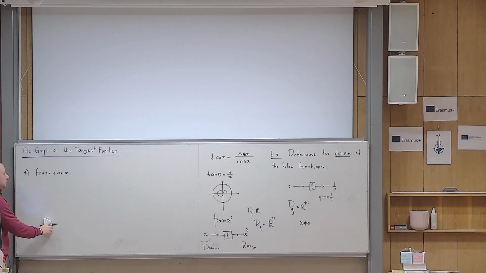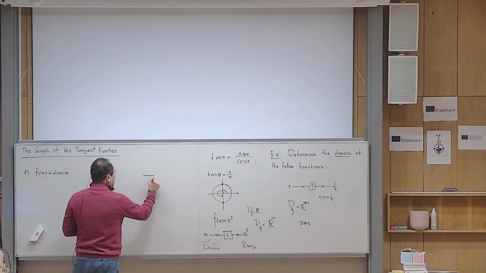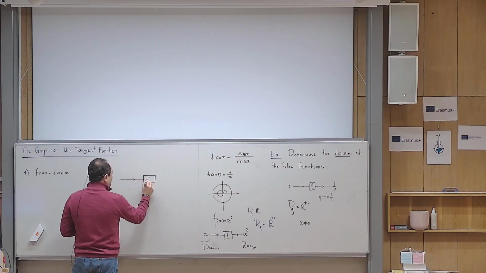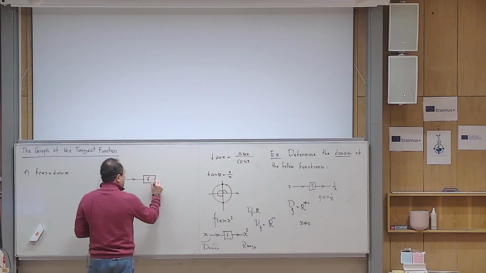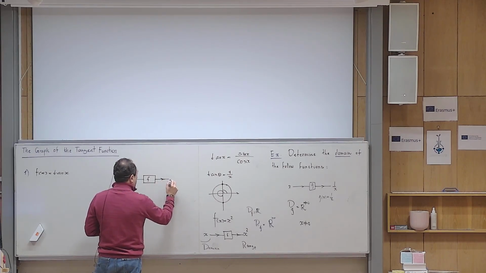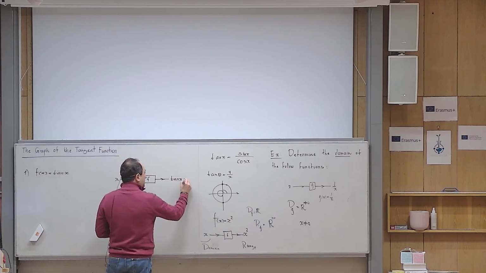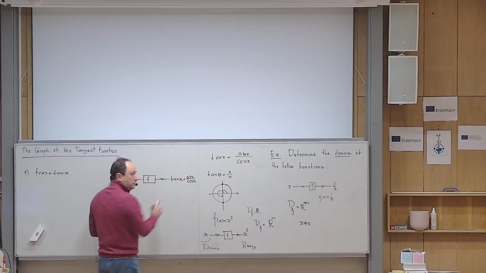How should I find it? If you go to a scratch paper, you have a function f, you send x in. What does this give you back? It gives you tangent x. But tangent x has also another name, which is sine x over cosine x.